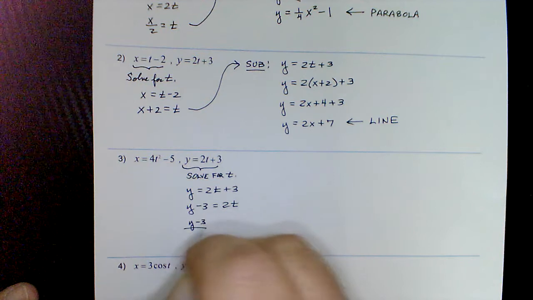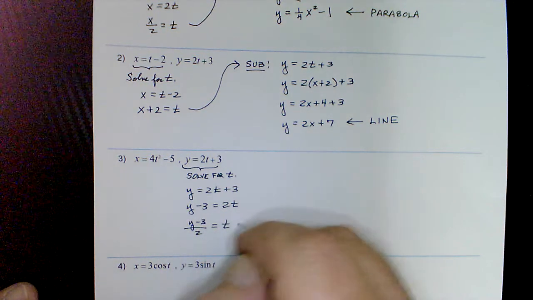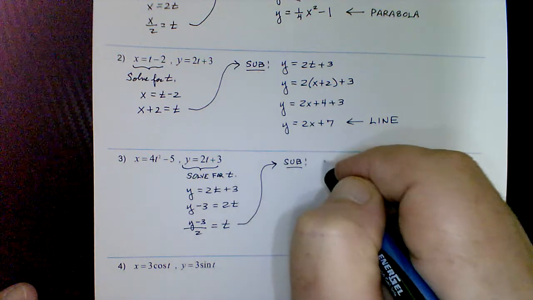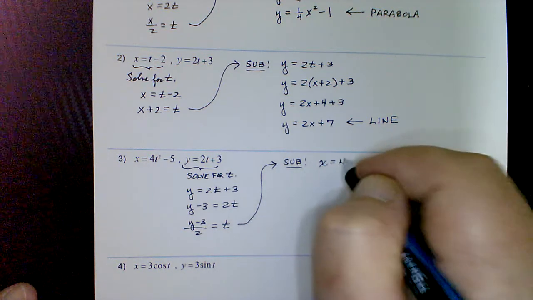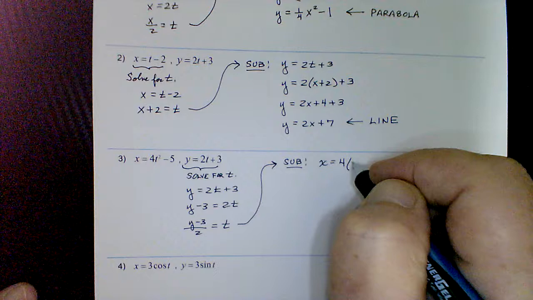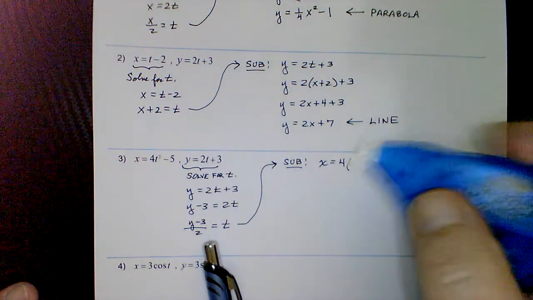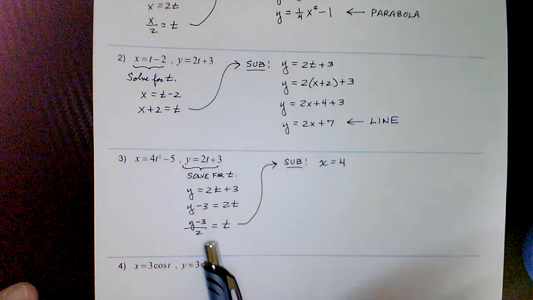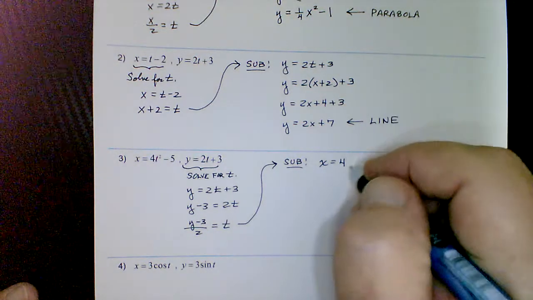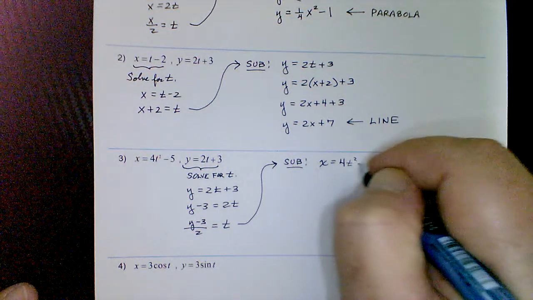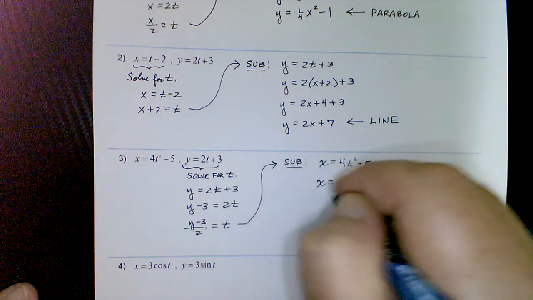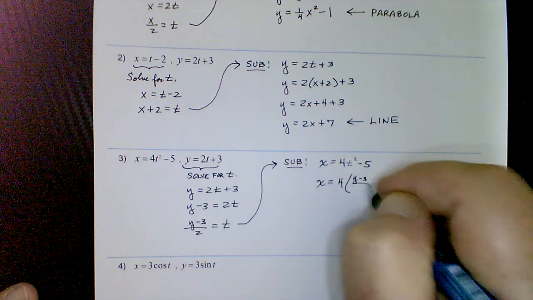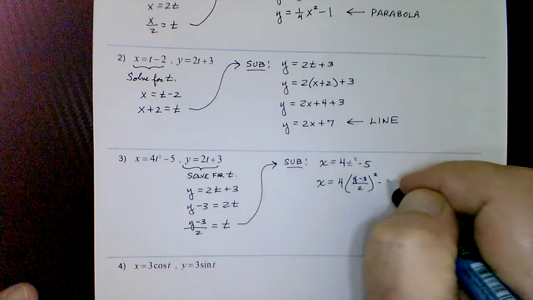So y minus 3 over 2 is t. And then we're going to substitute into the other. Let me rewrite it before I substitute. So x is 4t squared minus 5. So x is 4 times y minus 3 over 2, quantity squared, minus 5.